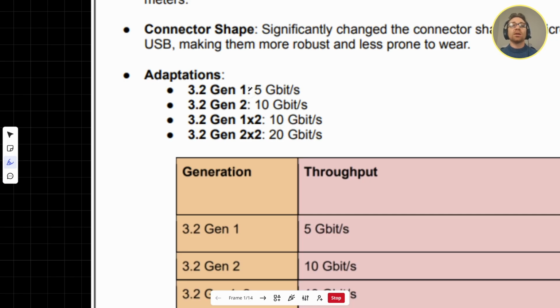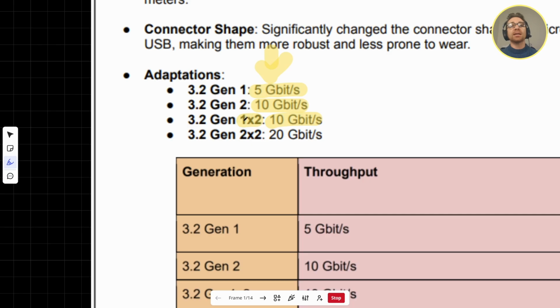So Gen 1 is 5 gigabits per second, Gen 2 is 10 gigabits per second. 3.2 Gen 1 times 2, or 1 by 2, is 10 gigabits per second. Oh okay, Gen 1 is 5, and 5 times 2 is 10.